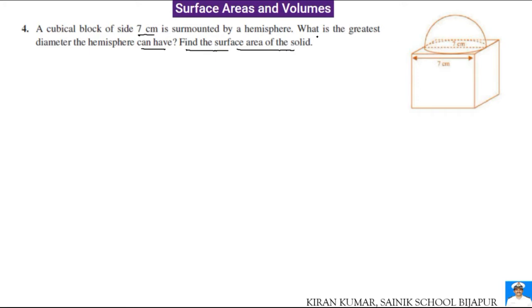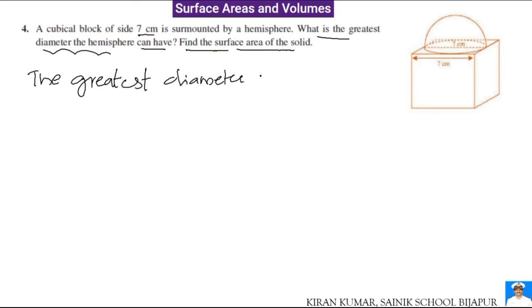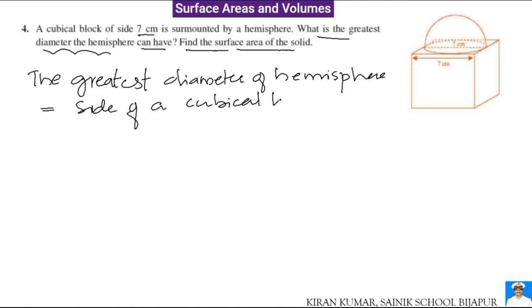They have asked what is the greatest diameter of hemisphere. Here, the greatest diameter of hemisphere will be equal to the side of a cubical block, and they have given it as 7 centimeters.